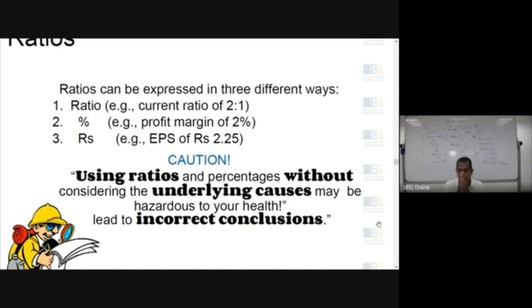So always you need to know what is behind this. Just a figure does not mean anything, but how you interpret it means a lot. Using ratios and percentages without considering the underlying causes may be hazardous and lead to incorrect conclusions.